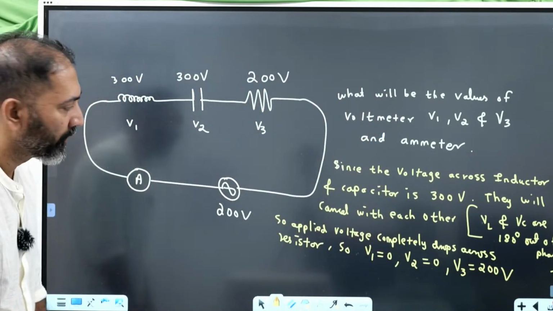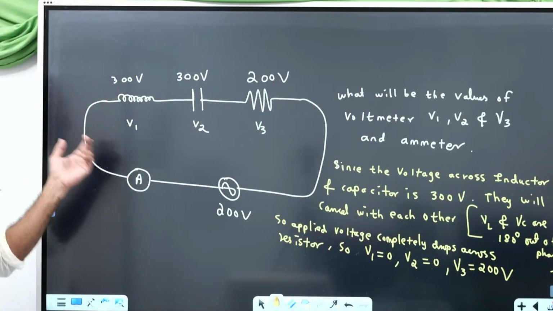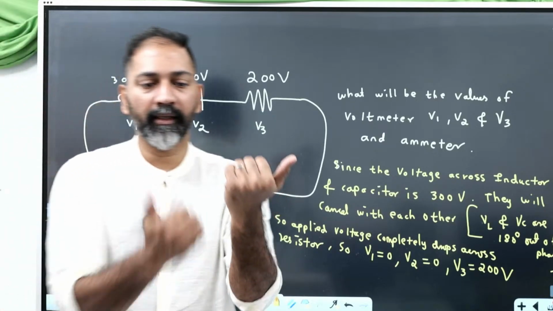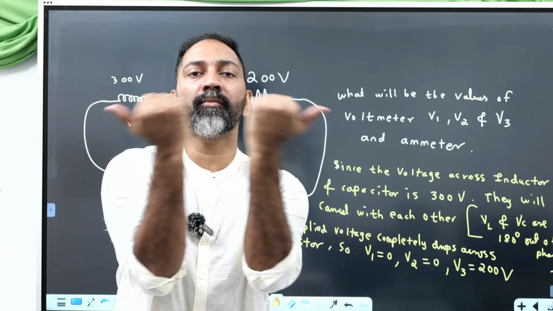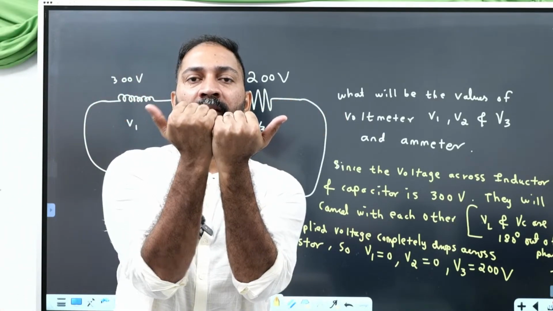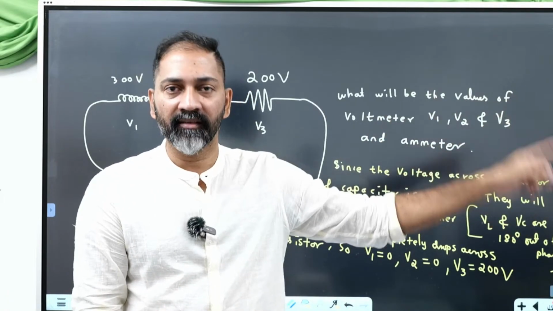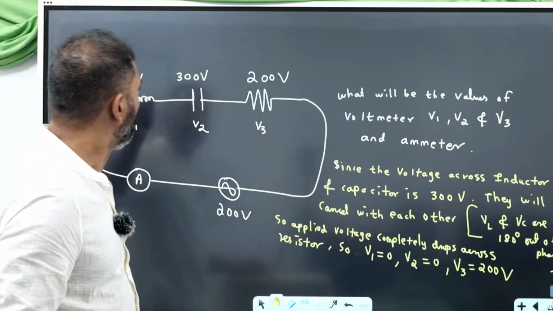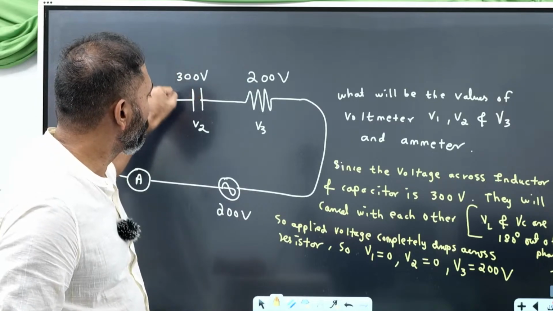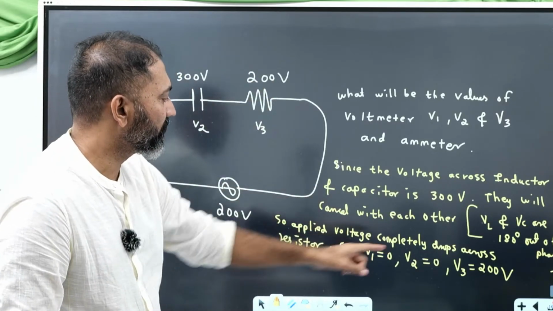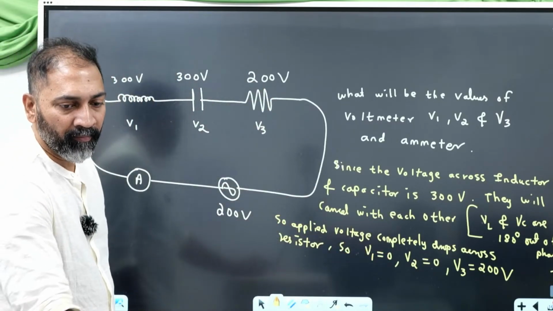Any doubt? Why? Because inductor voltage and capacitor voltage are opposite in direction, in phase. So they cancel with each other. So applied voltage completely drops across what? Resistor. So this 300 minus 300 becomes 0, and applied voltage completely drops across resistor, V3 equal to 200 volt.